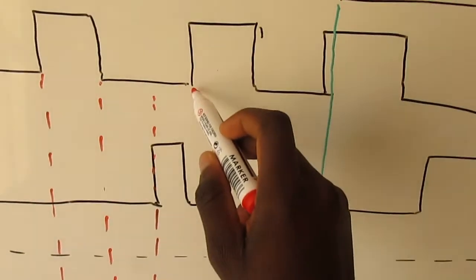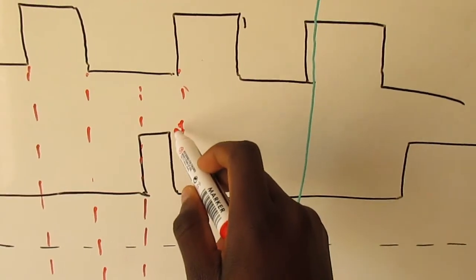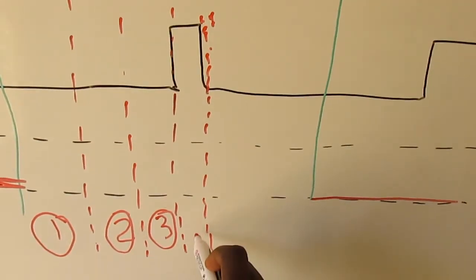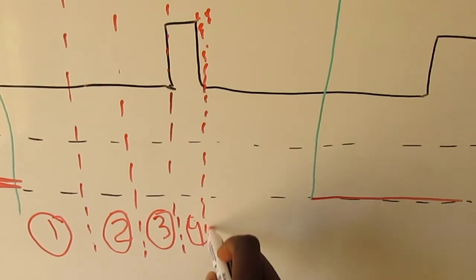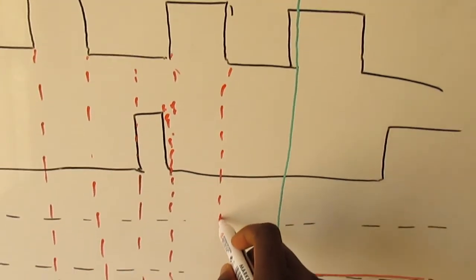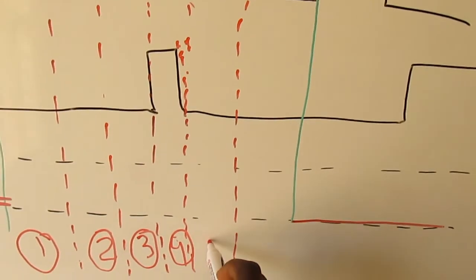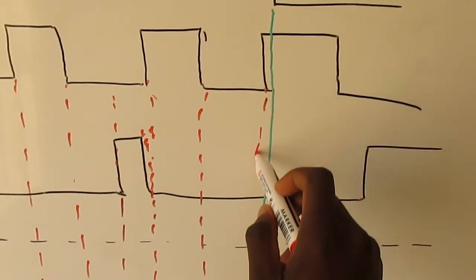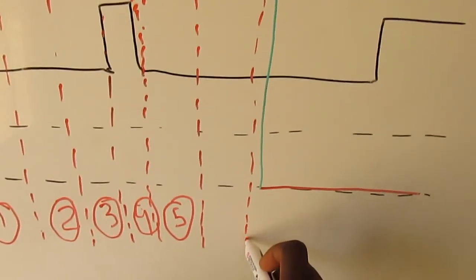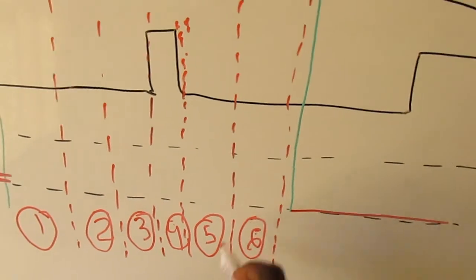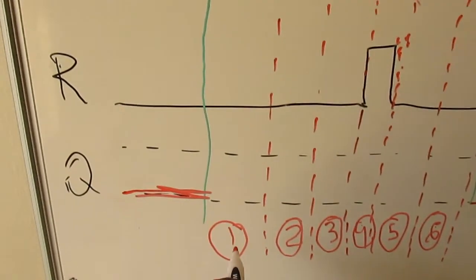Then this one is your fourth clock, this one your fifth clock, and this point your sixth clock. Okay, so you start on your first clock here.